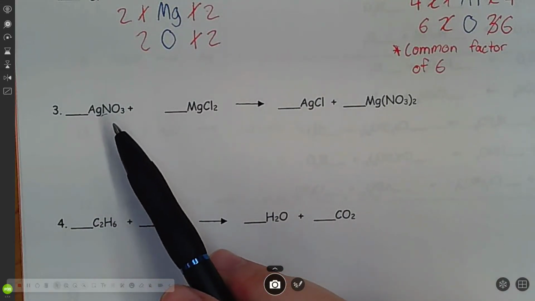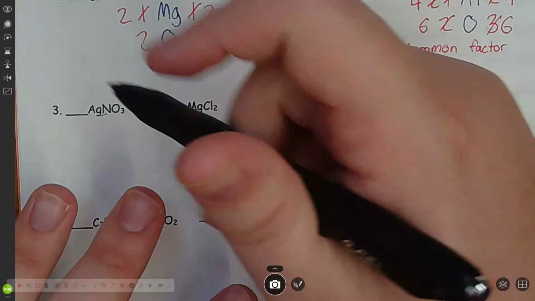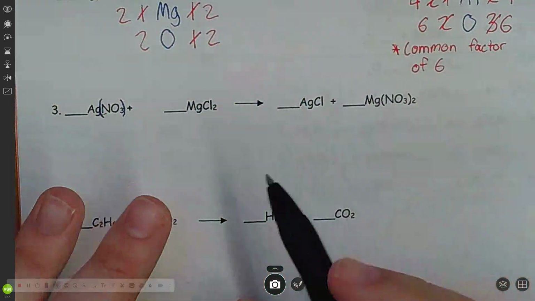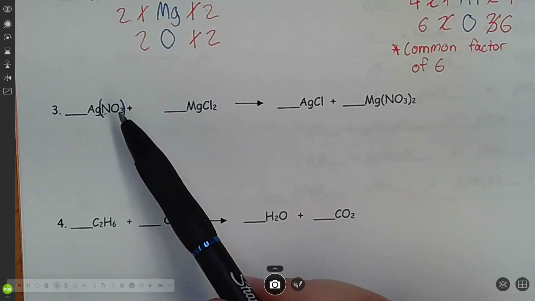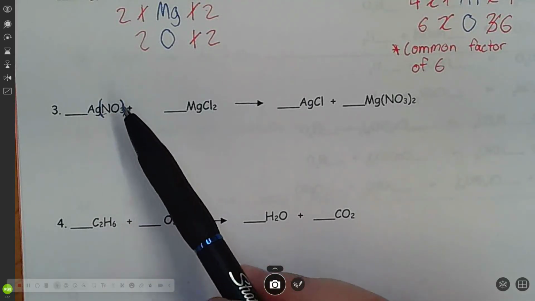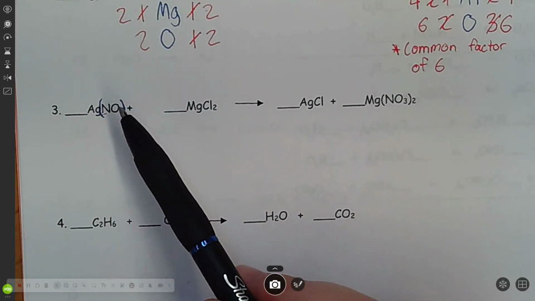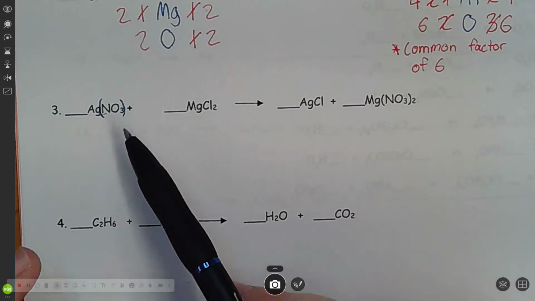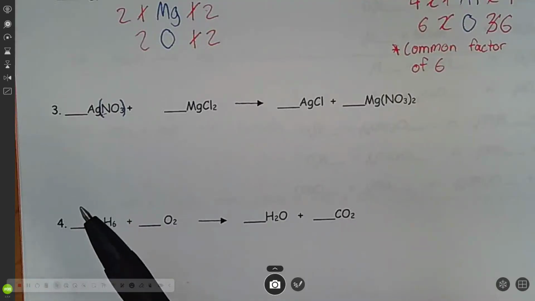And so we can actually make this problem way easier by putting this in parentheses as well. And with it in parentheses, we can treat it as one unit. We don't have to do nitrogen and oxygen separate from each other, and it makes it all messy. It's just nice and easy NO3.